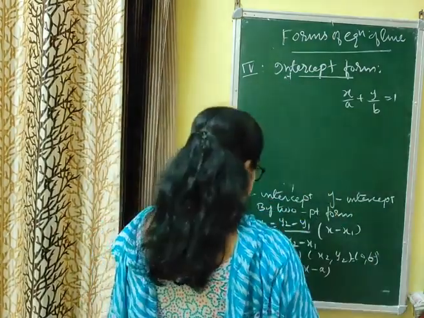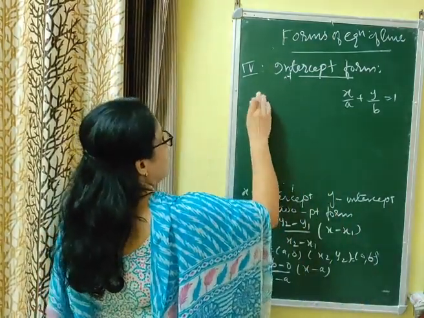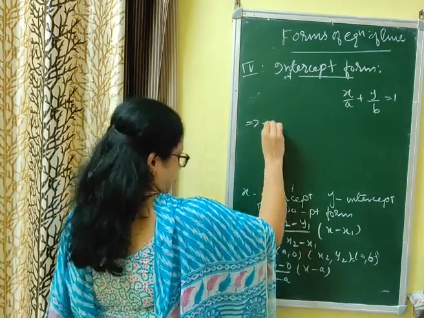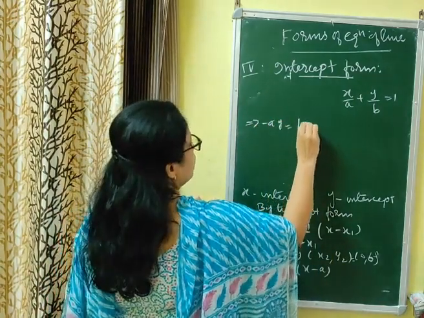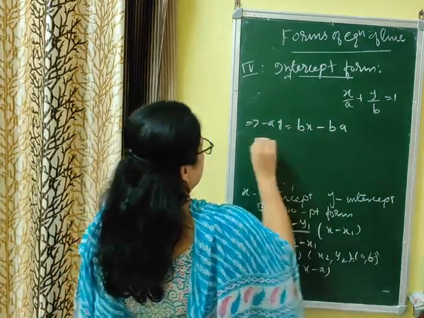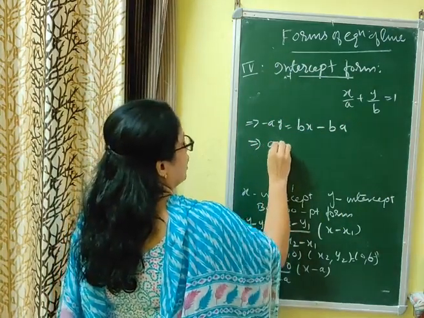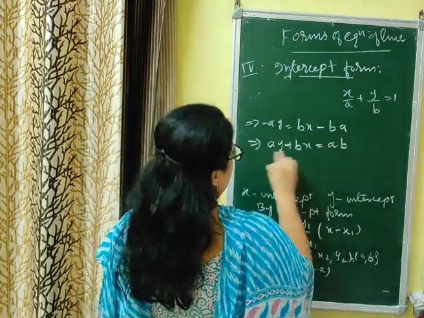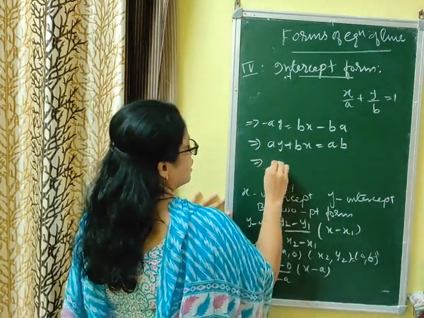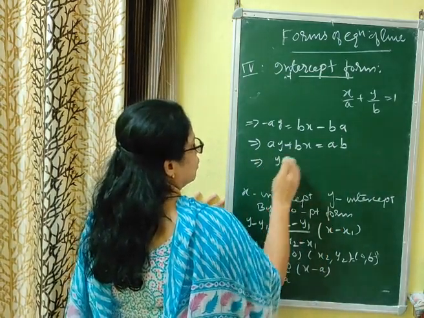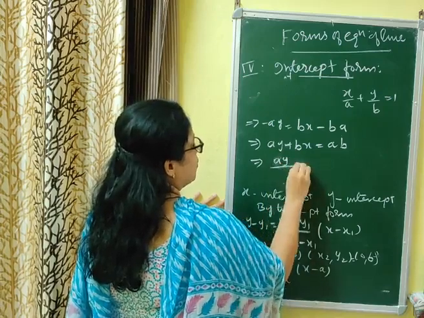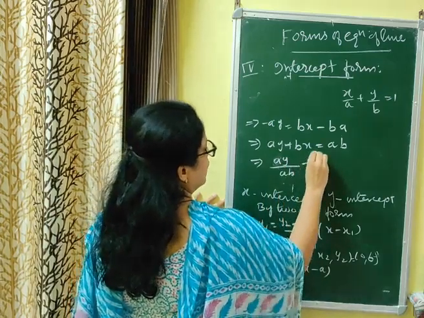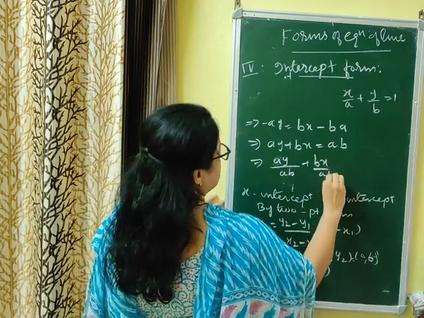By simplification you get minus ay is equal to bx minus ab. That implies ay plus bx is equal to ab. Now dividing the whole equation by ab, you get ay by ab plus bx by ab is equal to 1.